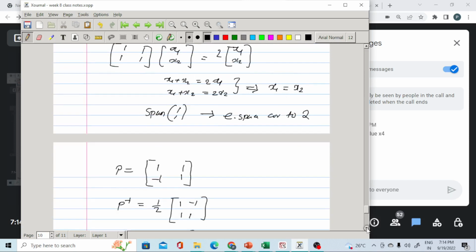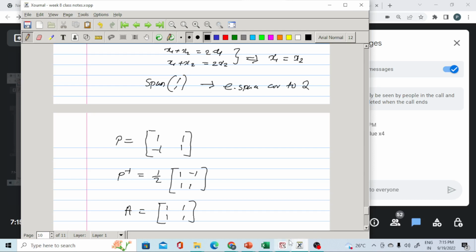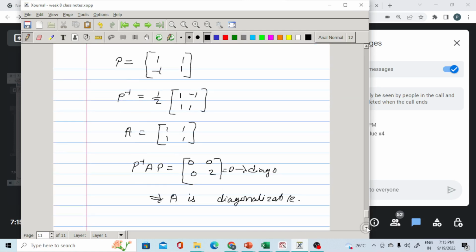Okay, let me stop here. Ma'am, it is 1 by 2 now, last. P inverse AP, 0, 0, 0, 1 by 2 now. I think no. Okay, let me just calculate it here. So AP is 0, 2, 0, right?